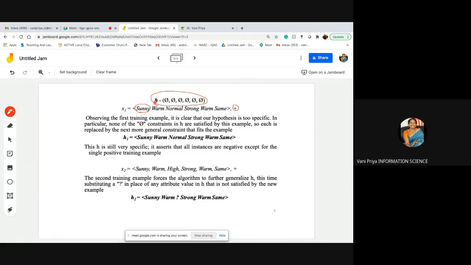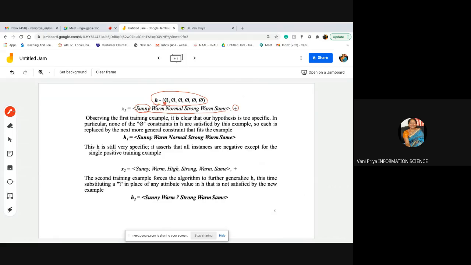It cannot be a null value, it can be a specific value. What is that value? Sunny. Wherever there is a null, you change it to sunny, and the same for warm and the others. All the null values will be replaced by the values in the first instance. If both are the same, that is fine, you can leave it.